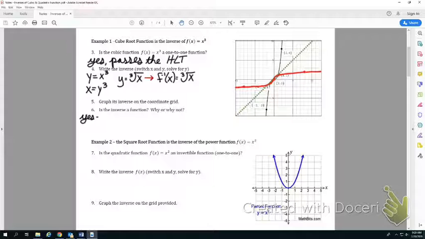Okay, no repeating x's. That could be a correct answer. Someone tell me another one. Passes the vertical line test. Okay, so on that, you would want to say, and I'm going to say that same thing in a different way, that the original is a 1-to-1.